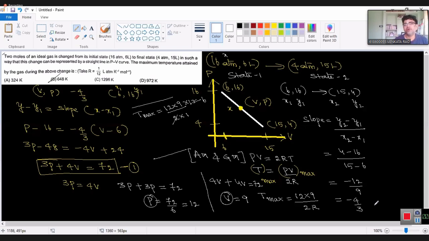A question can be solved in n number of ways, and you need to find the easiest method so that you can save time. If you draw a graph on y and x axis, the product of y coordinate and x coordinate is nothing but area.